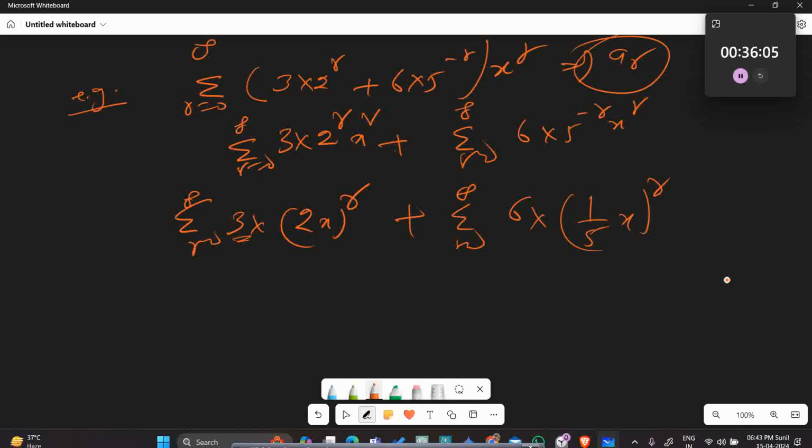I can't remember much, but I can do this here. So this will be 3 into 1 plus 2x to the power r plus 6 into 1 plus 1 by 5 x to the power r. Is it like that? I think so.